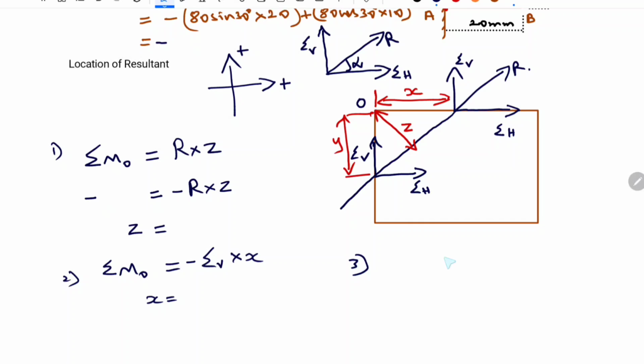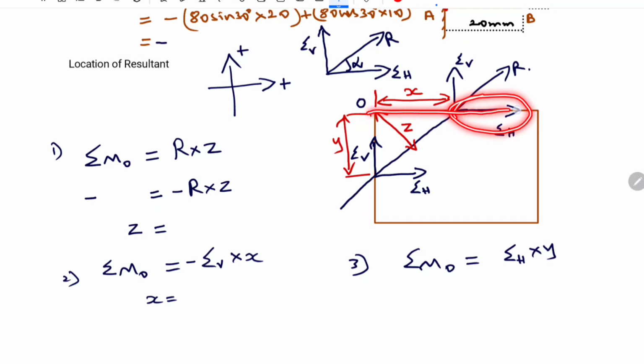Similarly, the third one, summation of moment about O is the same as sigma H into Y. If you consider sigma H here, there is no perpendicular distance because the line of action coincides with the origin. But here there is a perpendicular distance, that is Y. So it is sigma H and the perpendicular distance is Y, and this is acting in the counterclockwise direction.